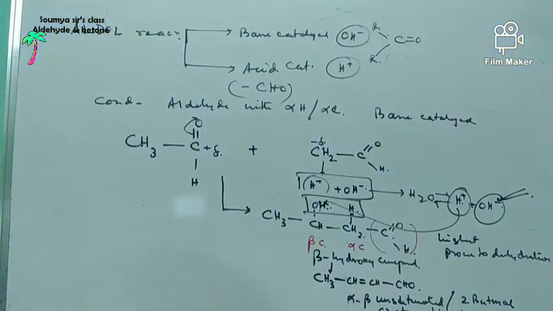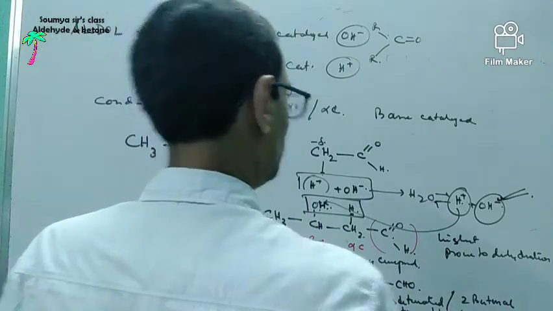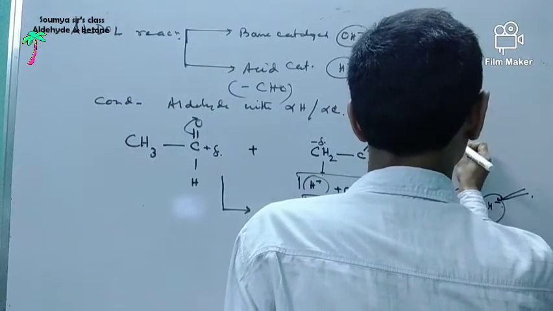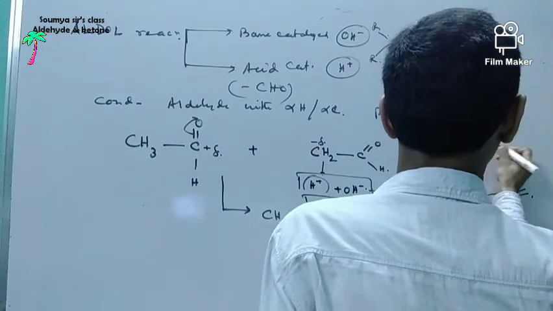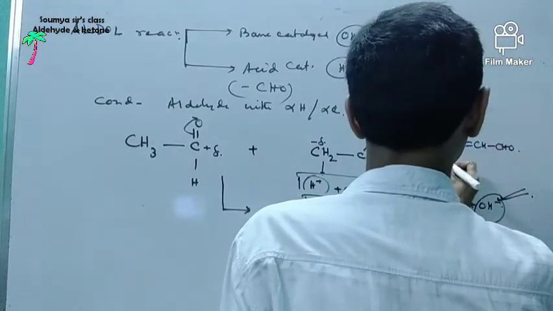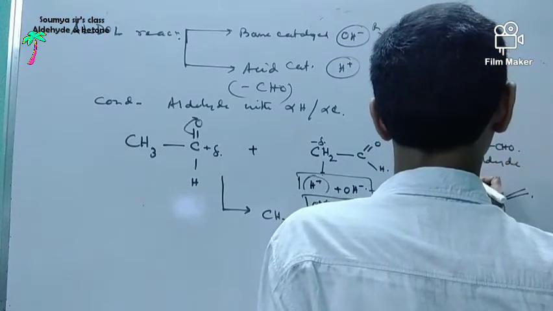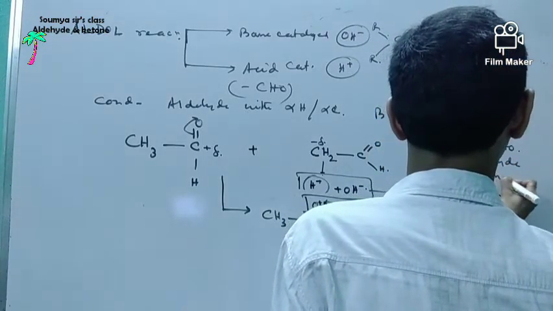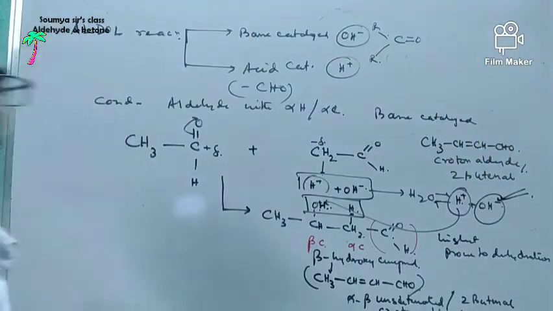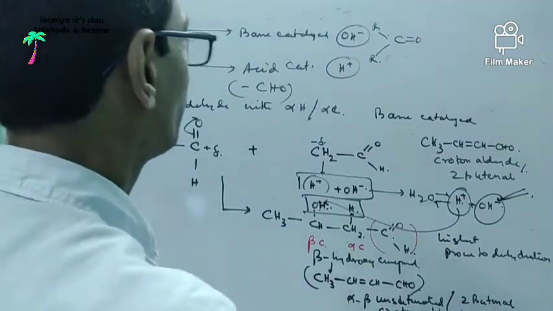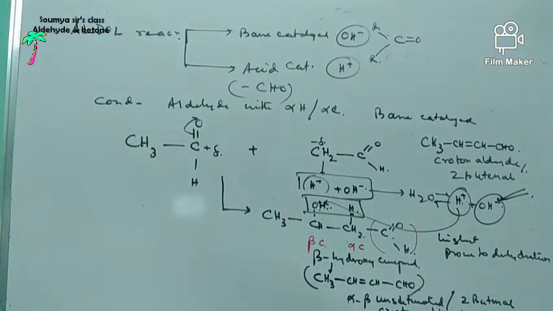So the ultimate structure is CH3, CH double bond CH and CHO. This is crotonaldehyde, or you can say 2-butenal. So this is the part of base catalyst.